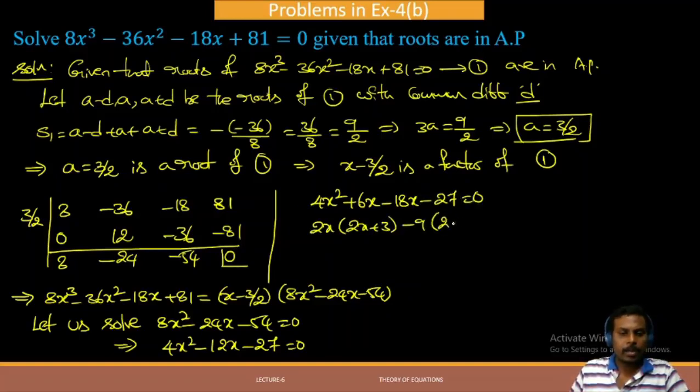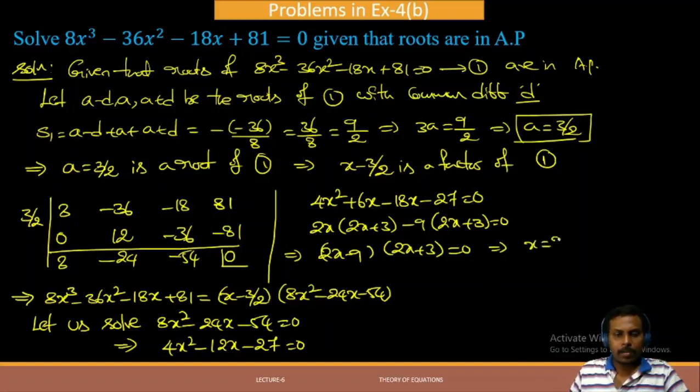If I take common, it becomes 2x plus 3. So this is 2x minus 9 into 2x plus 3 is equal to 0. So this implies x is equal to 9 by 2, minus 3 by 2.